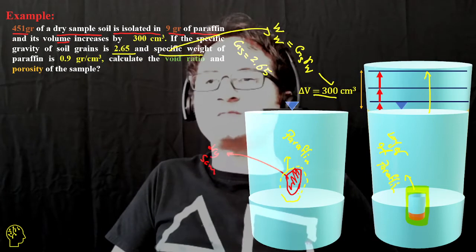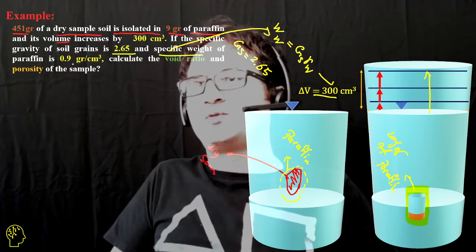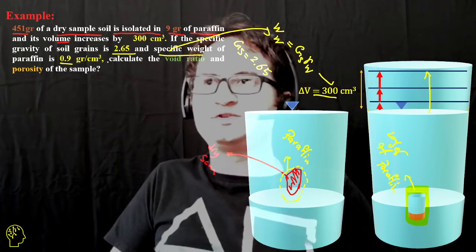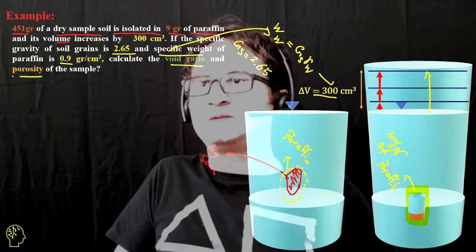And the specific weight of paraffin is 0.9 gram per centimeter cubed. Then we want to calculate the void ratio and the porosity.